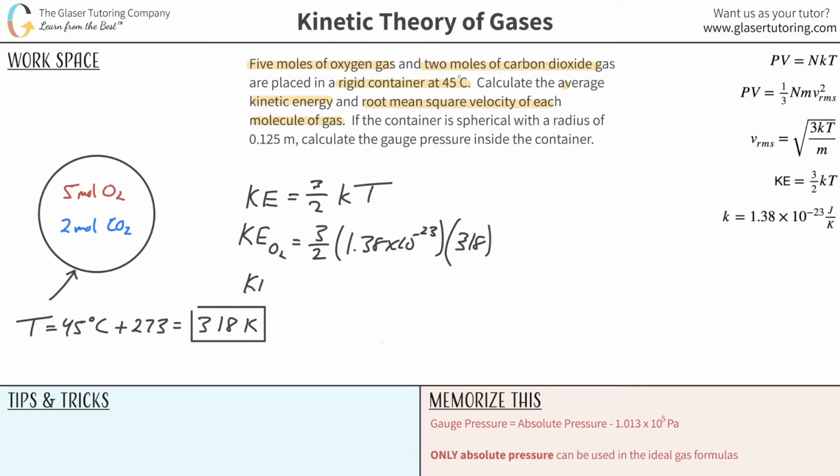So now when I calculate the kinetic energy of O2, we just take out the calculator. 3 over 2 times 1.38 times 10 to the minus 23 times 318. And here we get 6.58 times 10 raised to the negative 21st power.